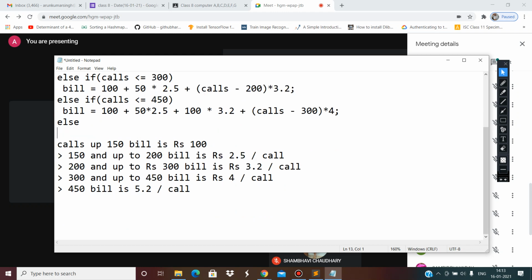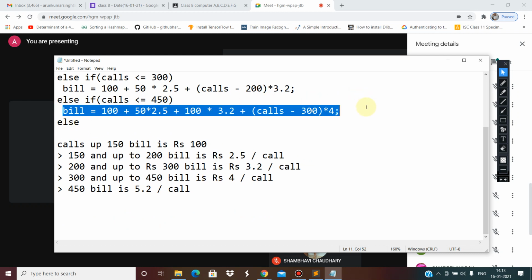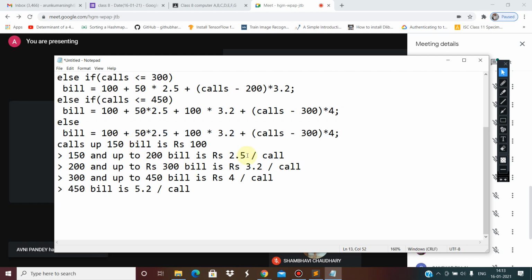And you have to write for the else part. So in the else part, just copy this line. And here it is 150, because you can see that the difference between 300 and 450 is 150.